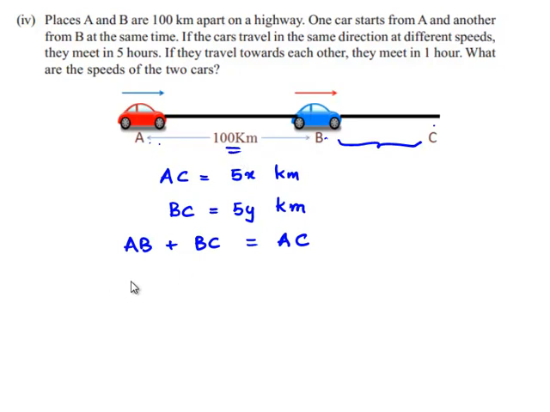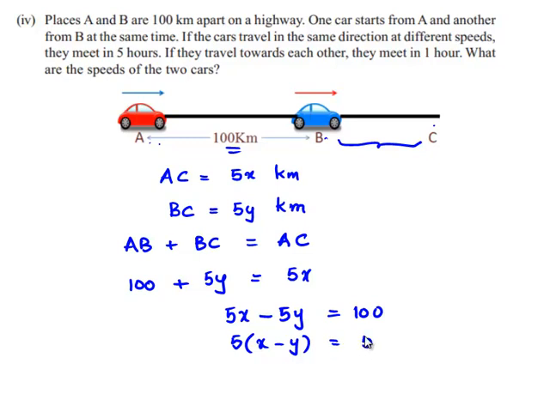So in place of AB I can write 100, in place of BC we can write 5y, and AC can be written as 5x. So this is 5x minus 5y is equal to 100. 5 can be taken as common, and if we divide by 5 we get 20. So the linear equation becomes x minus y is equal to 20. Name this as equation number 1.